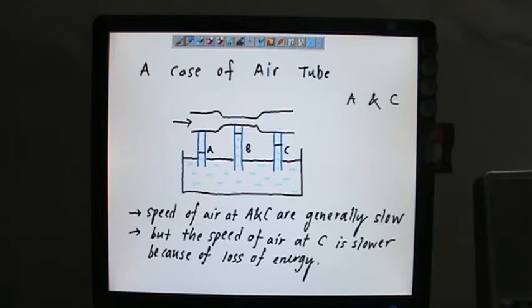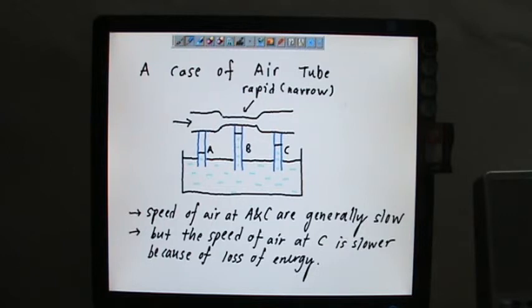Speed of air at A and C is generally low, because in a wide tube the airflow inside is very slow. But for a narrow channel like at B, you have a case of airflow really rapidly, because it's in a narrow channel. In a narrow channel like this, it will move very fast.